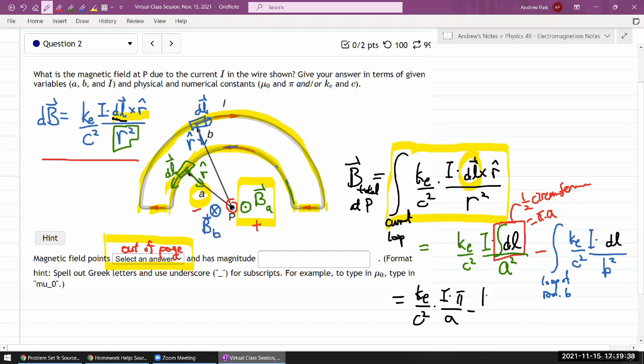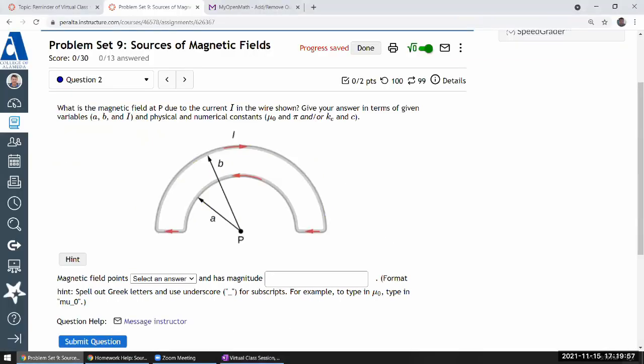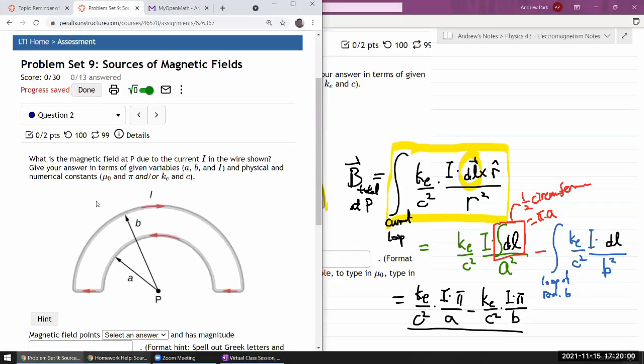So it'll be k over c squared times I pi, and one factor of b will cancel one factor of b squared from the denominator, so I pi over b. So this is it. I can simplify it a little bit. I can factor some things. In fact, let me plug this into the equation and just factor it in place.